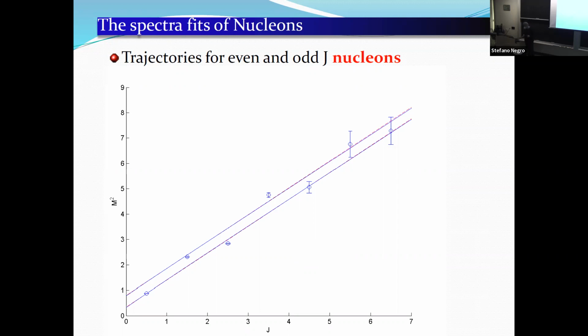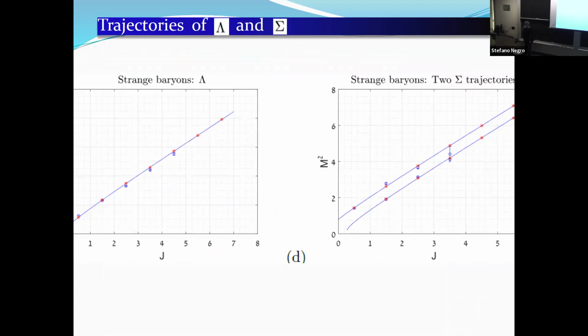I will not enter it now, but this is a feature of not all the baryons, but the nucleons and the delta, which I don't have here. These are the fits for the lambda, for strange, and then for sigmas and so on.